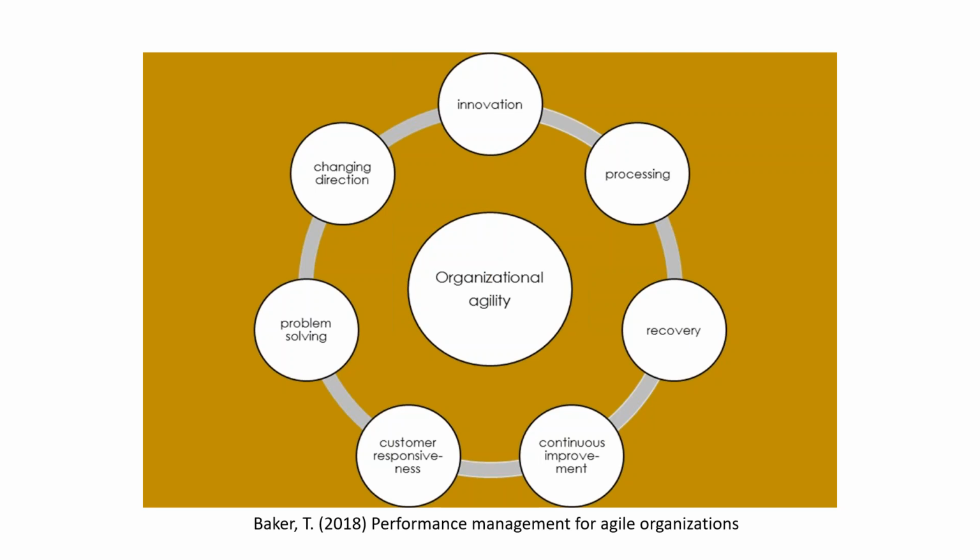Problem solving. So how agile can we be when we solve problems? And that becomes another form of agility. And finally, how quickly can we change direction? So the government's introduced a new funding arrangement, or the market has changed, or there's a new market developed.